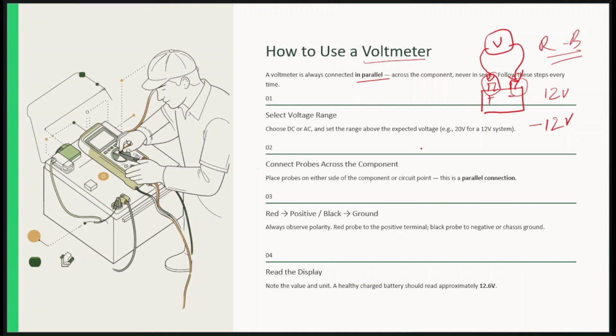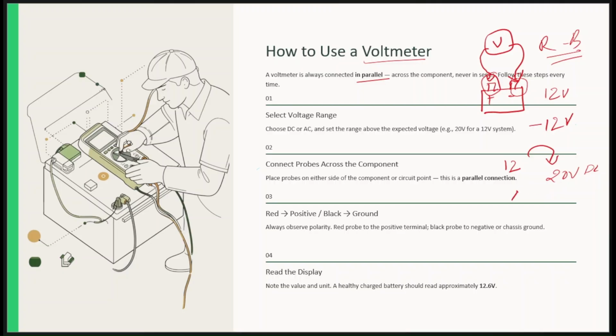And this is the selection. How it should be: voltmeter should be selected. Voltmeter is available along with the multimeter. It should be selected if you have a 12 volt system. If it is DC voltage, you have to turn your knob to 20 volt DC. If you place anything below 20, then there is a chance that your voltmeter may get damaged. If it is more than 20, then your reading may not be accurate.